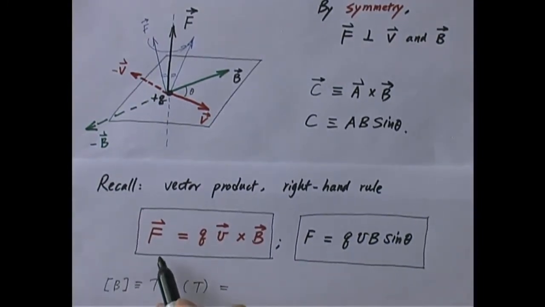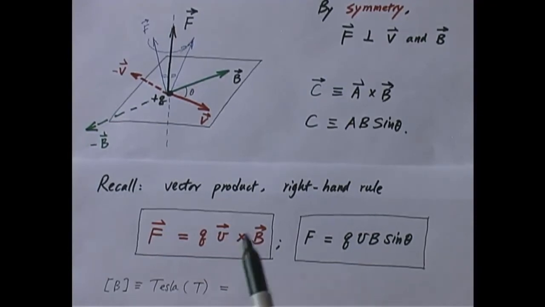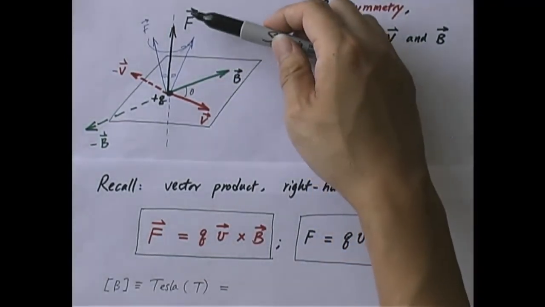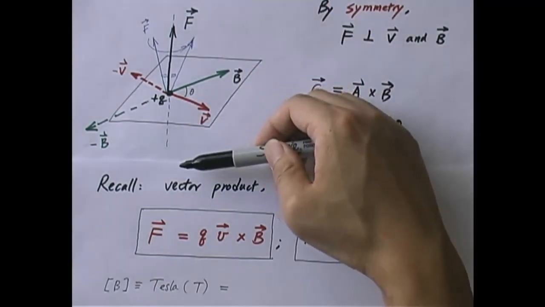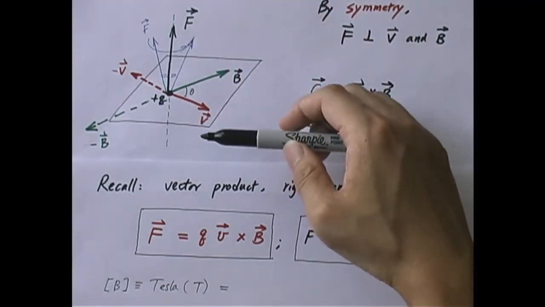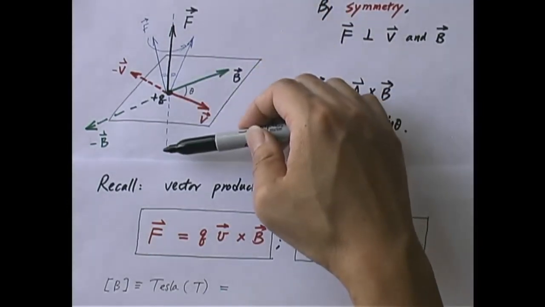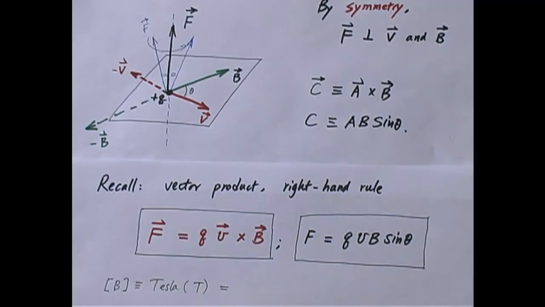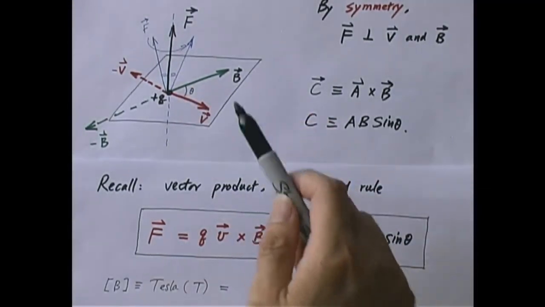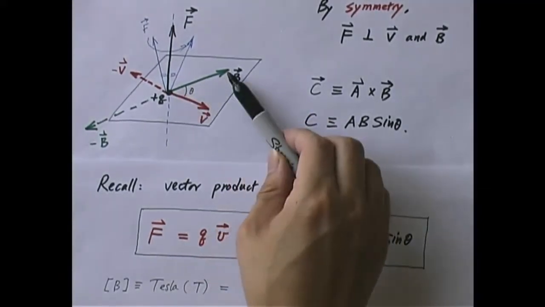For the magnetic force exerted by a magnetic field B on a moving charge Q, moving with velocity V: again, we argued that F has to be perpendicular to both V and B, but we did not uniquely fit that direction because it could point this way or that way. Which way does it point? That is by convention, because the way we uniquely pick one of these is by defining the positive direction of the magnetic field.